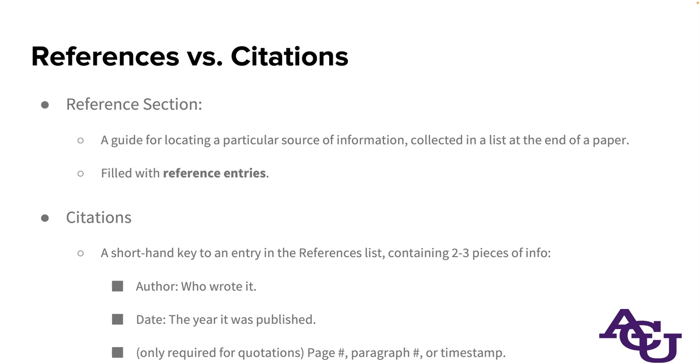The page number is if the source has page numbers. Paragraph number, if it's a textual source that doesn't, you just count paragraphs starting from the top. And timestamp would be if you have audio or visual, where you can say, for example, 3 minutes, 13 seconds to 3 minutes, 22 seconds.